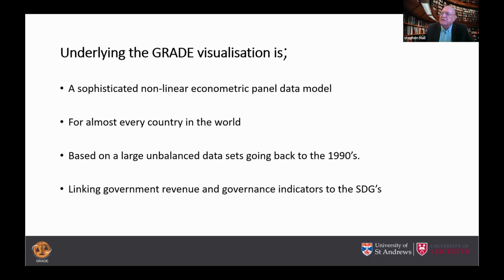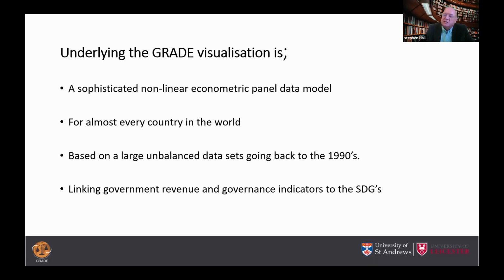Underlying the GRADE visualization, however, is a fairly sophisticated nonlinear econometric model. It's a panel data model, so it models every country in the world individually. It's based on data which starts in the 1990s up to the most recent data available. As I said, it's for almost every country in the world.